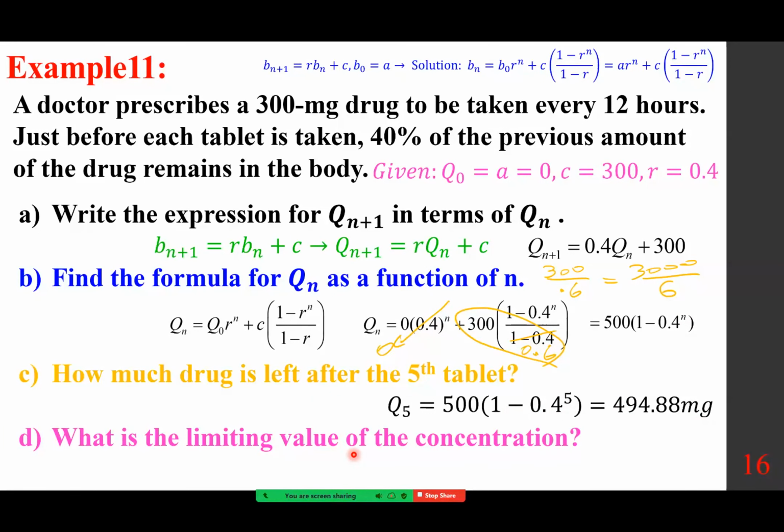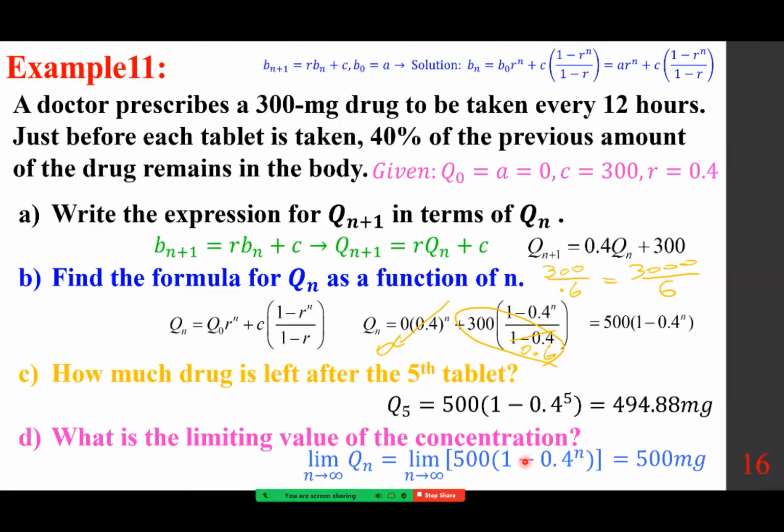What if you continue indefinitely and you never stop? You take a limit of this expression, and as you recall, because n is approaching infinity, 0.4 to the power of infinity goes to 0. So this goes to 0, so the answer is 500, and you use the units, milligrams.